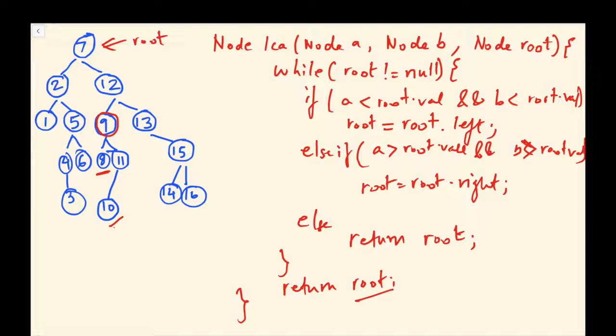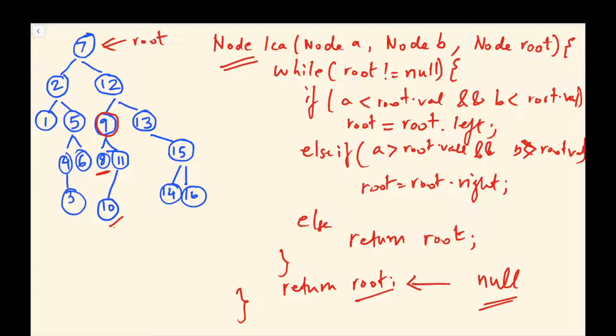Now the interesting thing is, it says at the end we will return root, but when would you get to this stage? You will only get to this stage if root is equal to null, because if root is not equal to null, you'll still be in this while loop. So this means that you'll be returning null. What does it mean to return null for the lowest common ancestor?